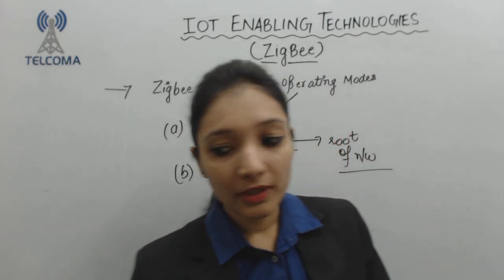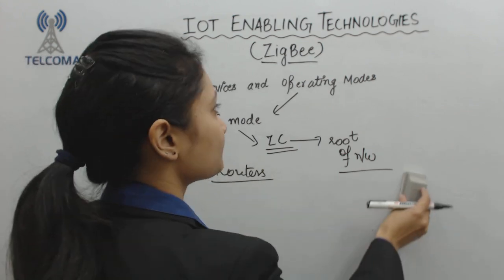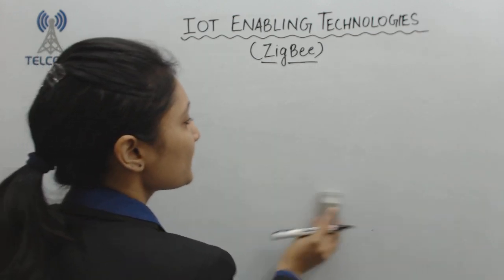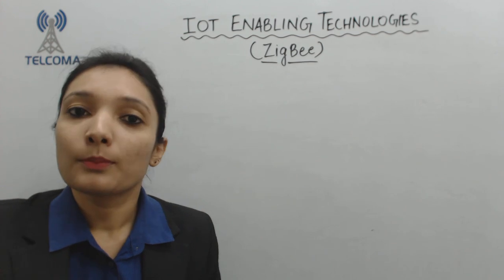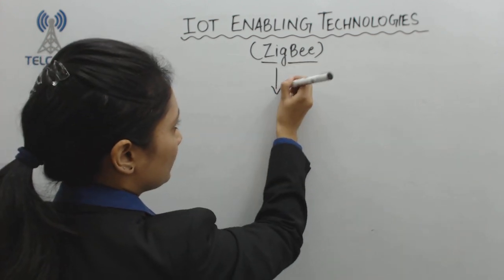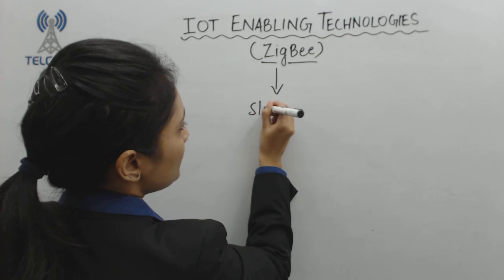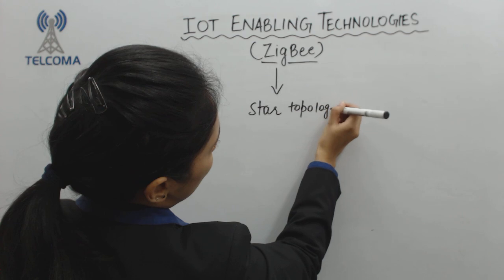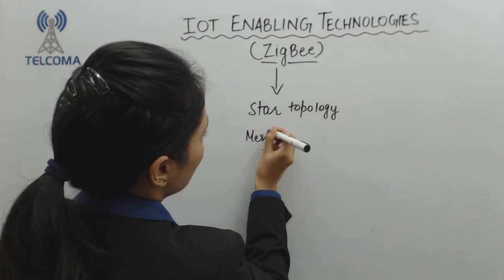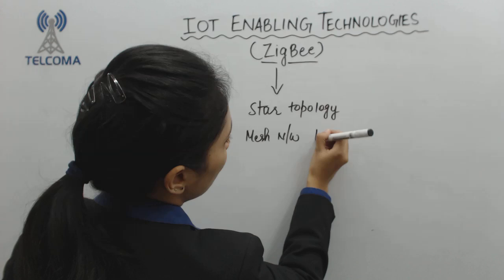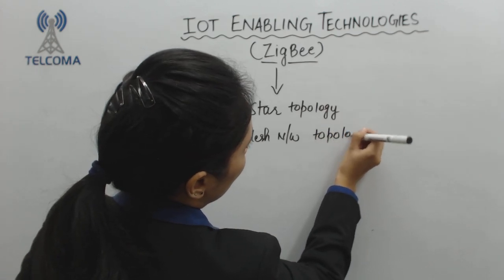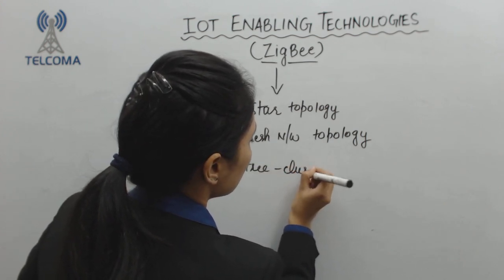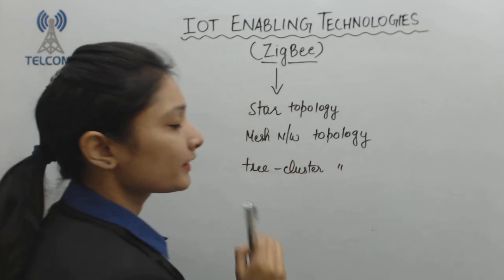So basically your Zigbee here supports three kinds of topologies: star topology, mesh networking topology, or your tree cluster topology.